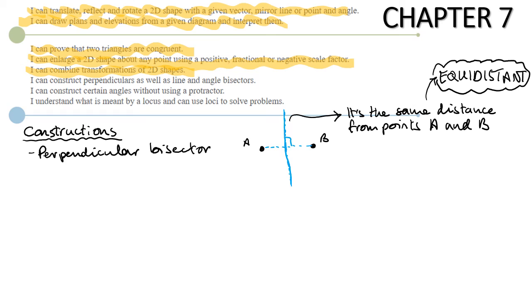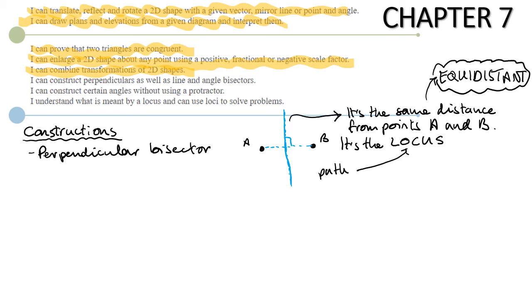And actually another way of describing it is it's the loci or locus. Now the word locus, loci, just means path or route, so path.